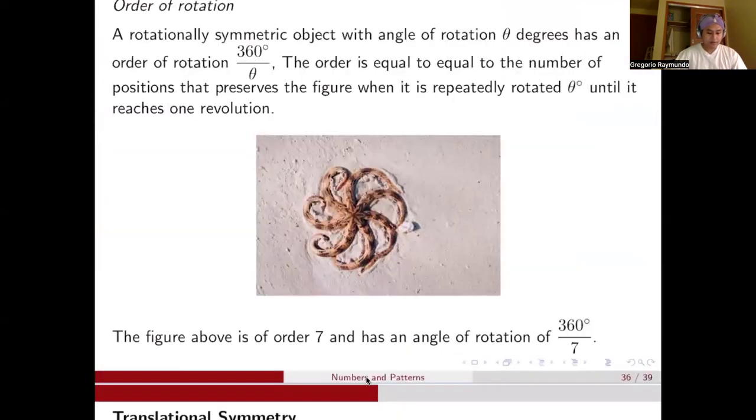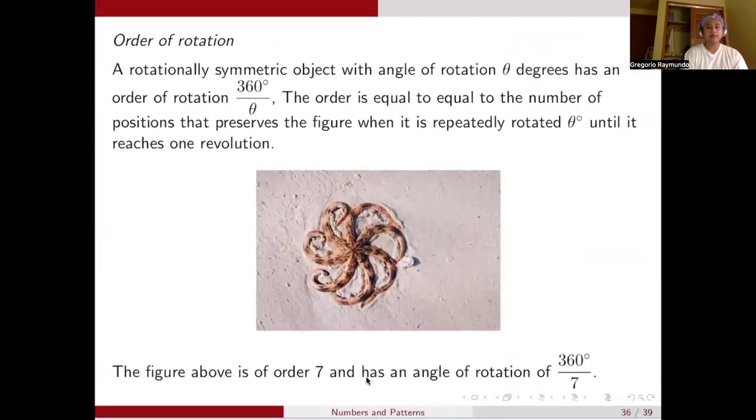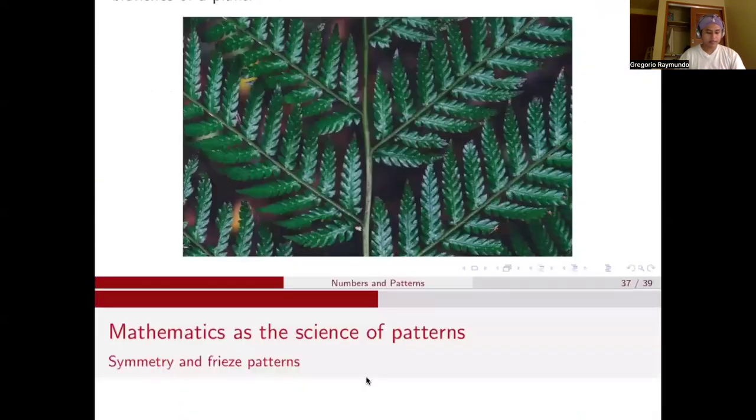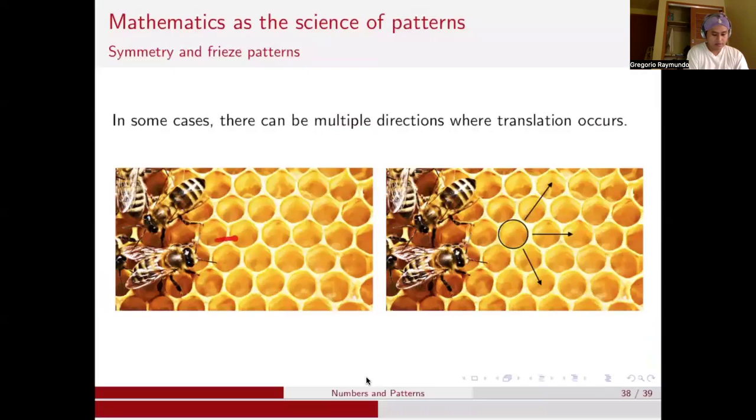Kumbaga, sa rotation, pwede mo sabihin, after finite number of turns, babalik ka na sa original position mo. Pero ang translation, forever yan. It goes that way. And it also goes that way. Pwede rin pataas. Okay.